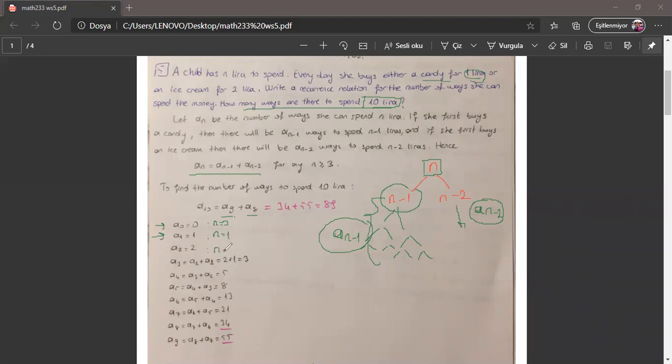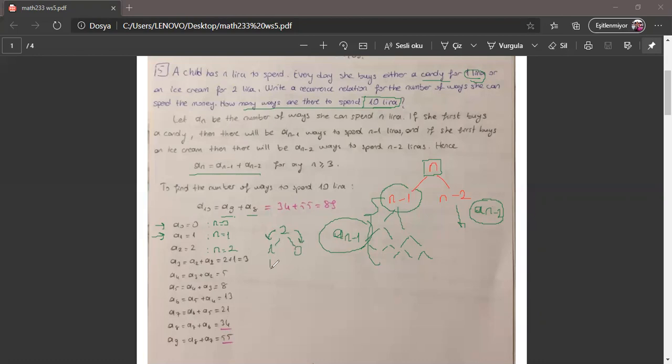When she has 2 liras, then she can either buy a candy or an ice cream. If she buys a candy, the remaining money will be 1, and if she buys an ice cream, then the remaining money will be 0 because it costs 2 liras.